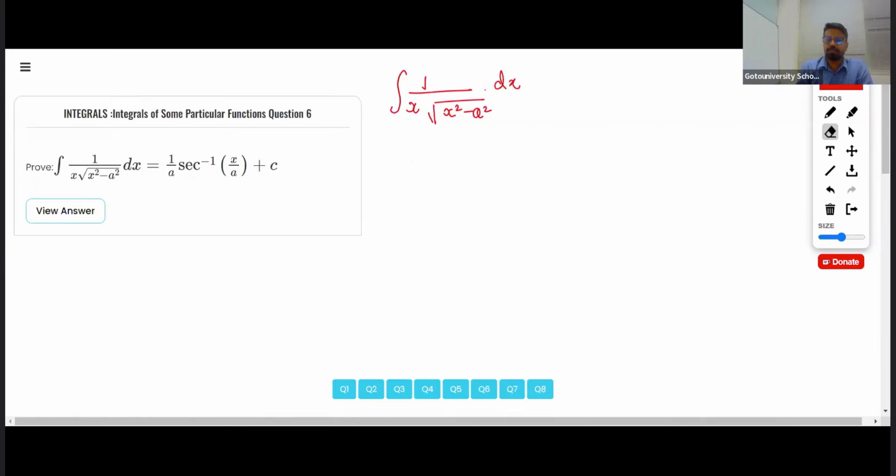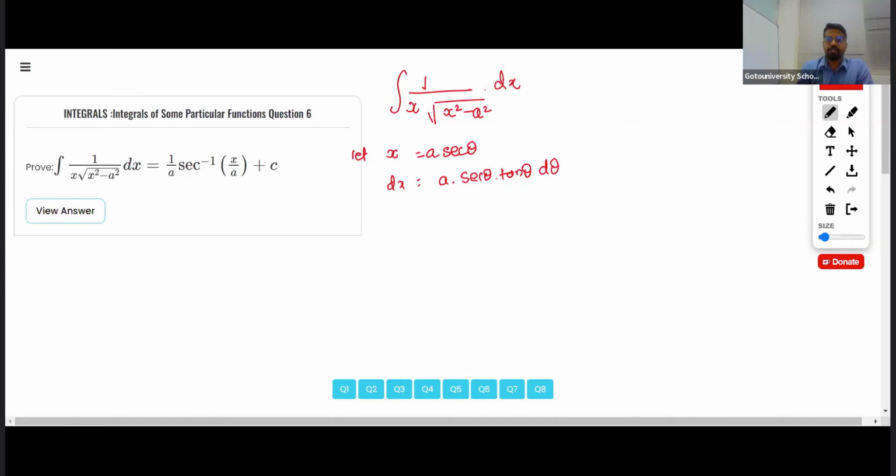That substitution is very important. What we substitute is very important. Let us assume x is equal to a secant theta, because there is a here. So dx is equal to a into secant theta into tan theta, into d theta. Am I right? Yes.